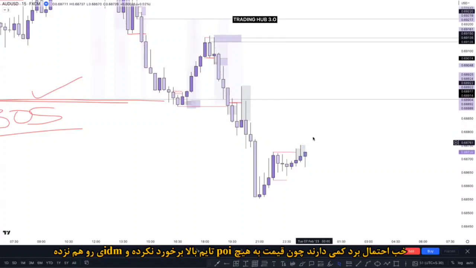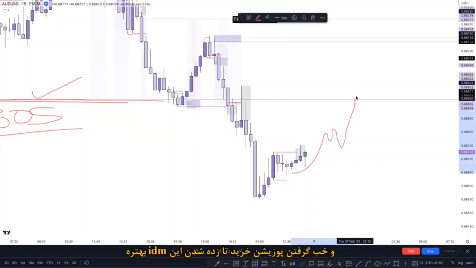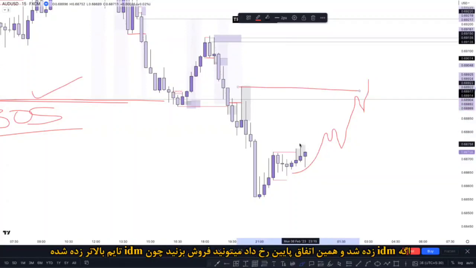Why? Because price has not tapped only the PY, and has not taken out any higher time frame inducement. That's why this sell is not high probability compared to the buy, because the buy is a little bit higher probability compared to the sell until the inducement is taken out. If it takes out the inducement and the same thing happens here, then you can sell here, because the higher time frame has taken out the inducement.